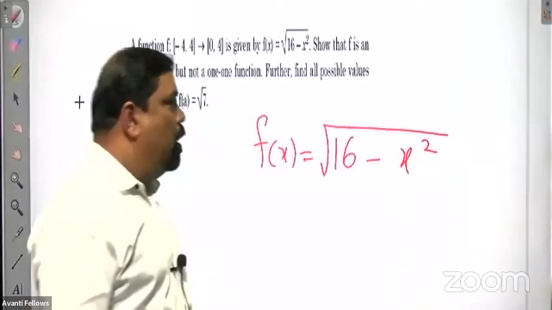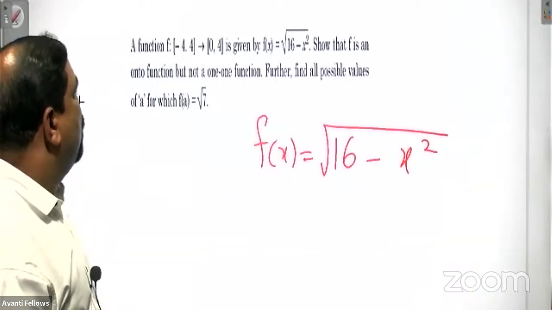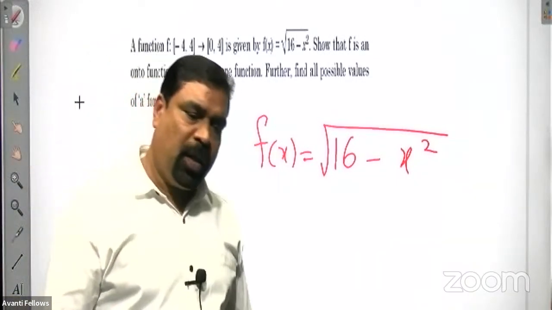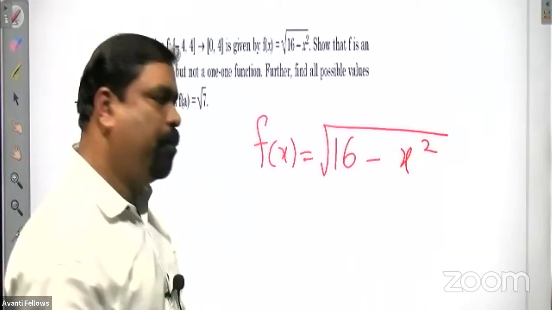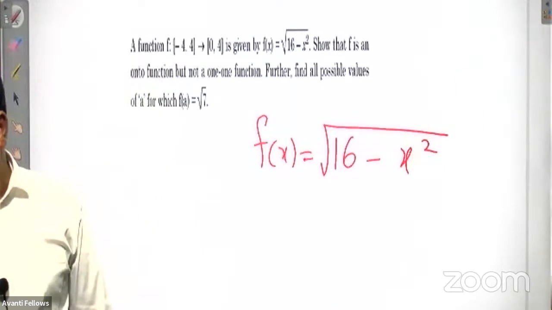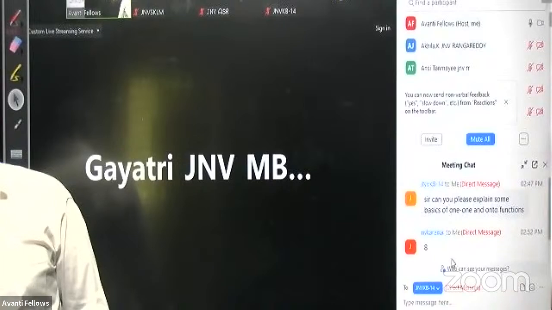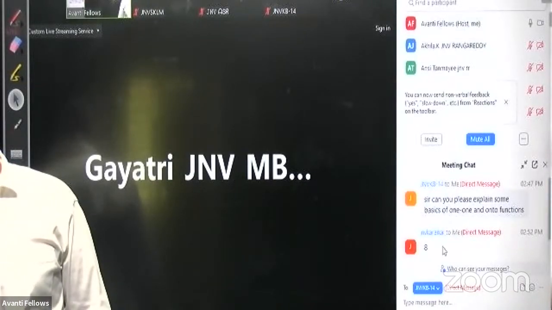So is it 1-1? Why is it not 1-1? That's my question. Anybody want to comment? Please type in your chat box.